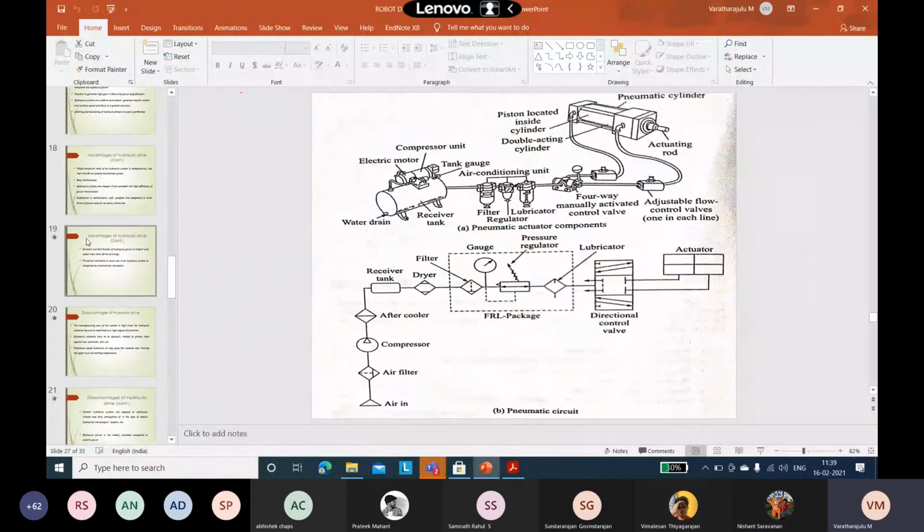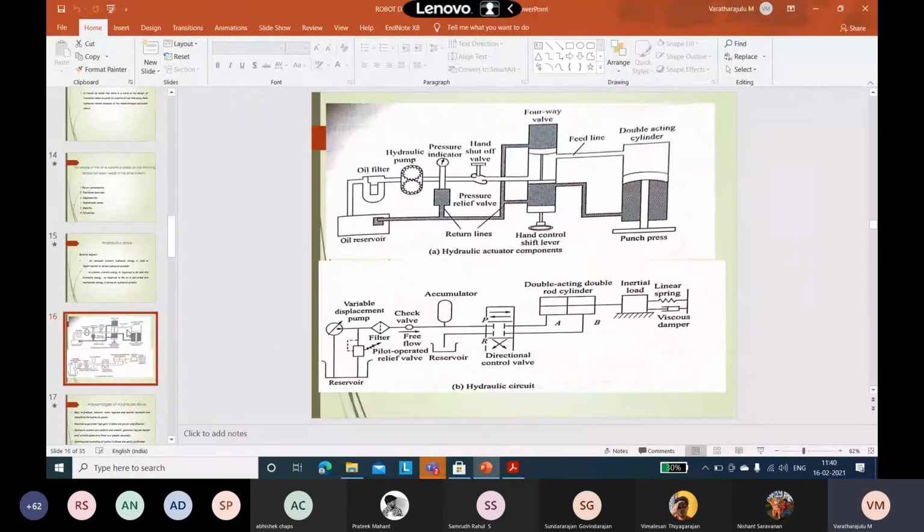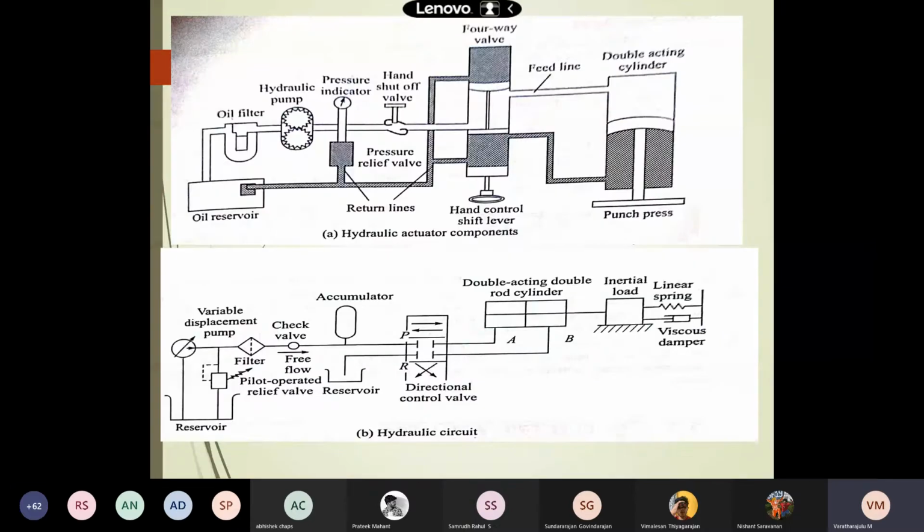Today we'll discuss the hydraulic and pneumatic systems, and the advantages and disadvantages of the hydraulic system. Similarly, we'll discuss the advantages and disadvantages of the pneumatic system. In today's class we'll take an overview of that too.